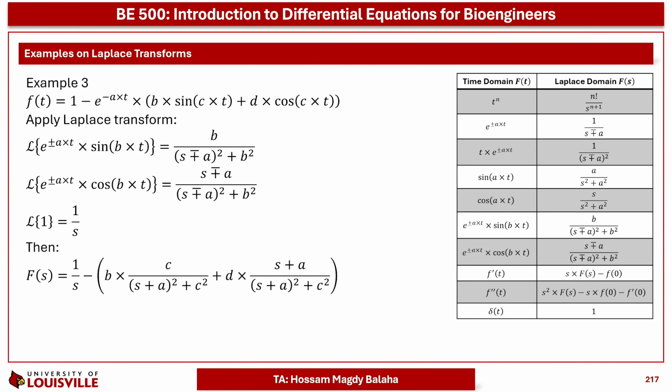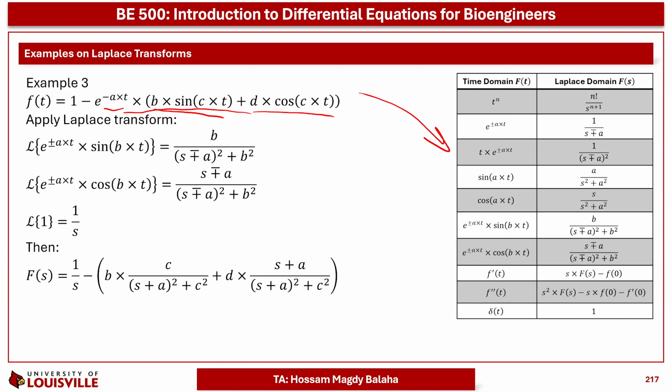A third question will be 1 minus the exponential multiplied by (b sine plus d cosine). If you look carefully, you will find this is a combination of multiple functions. So here we can try to split this combined function into simpler ones, each of which can follow this pattern.